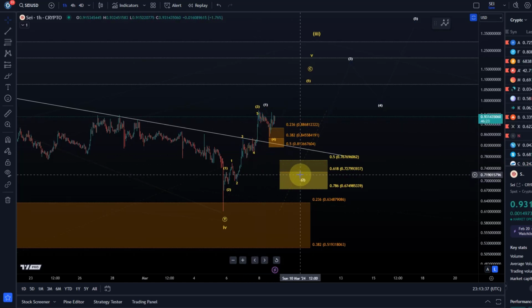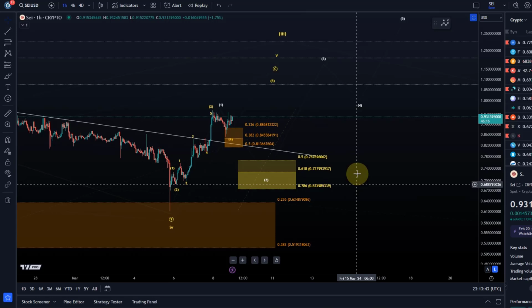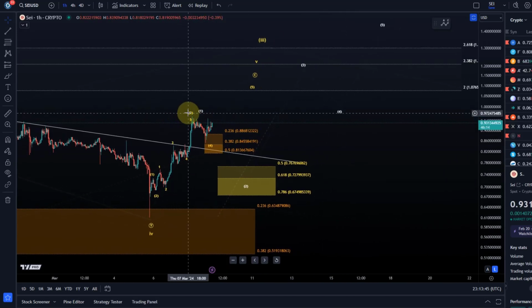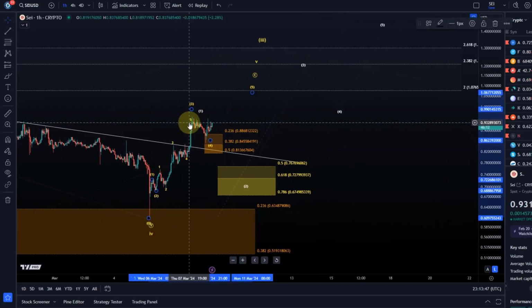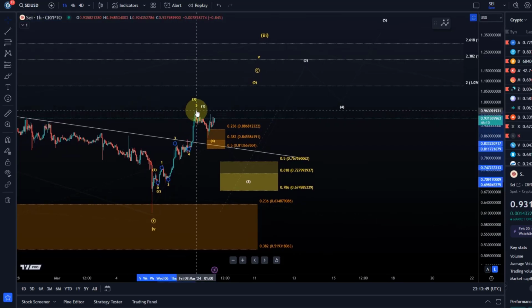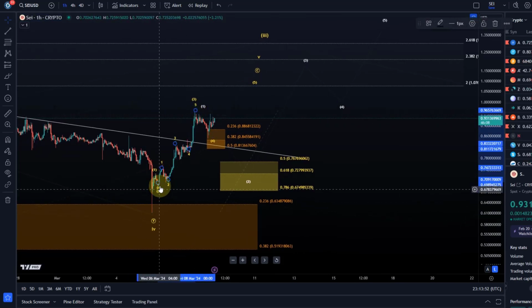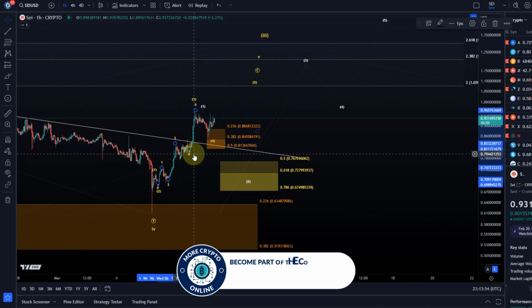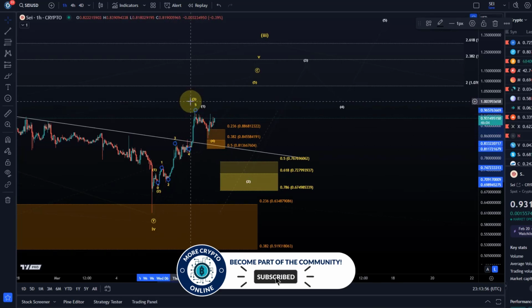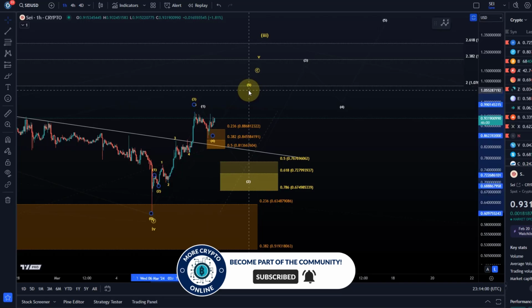What's the microstructure? I can see possibly two interpretations that make sense here. In the first interpretation, we are forming a 5-wave pattern as an impulse, and we have down here a 1-2-1-2 setup, wave 3, 4, 5 of larger 3, then another 4, and the wave 5 here could have started already.